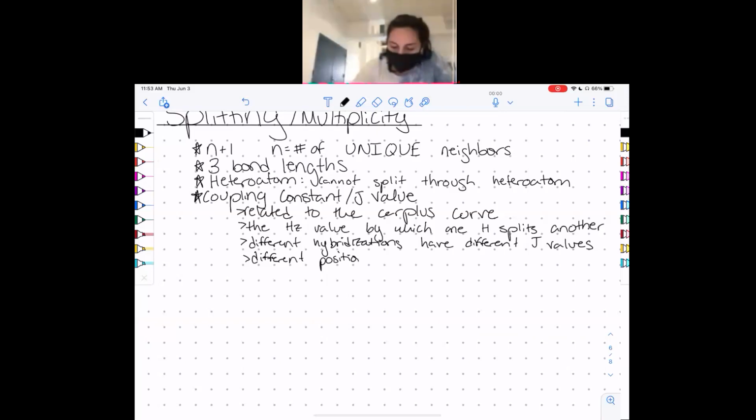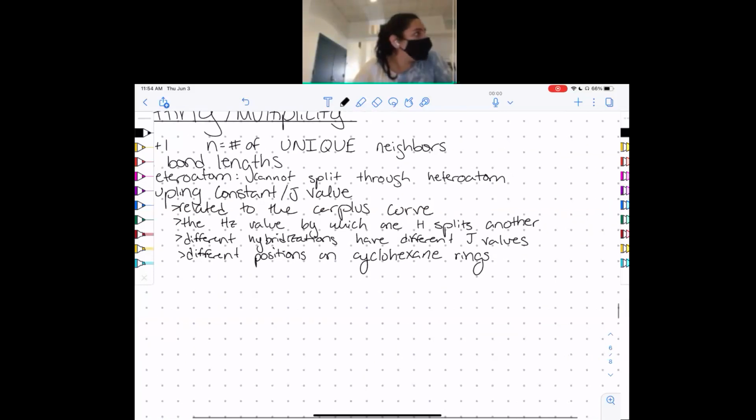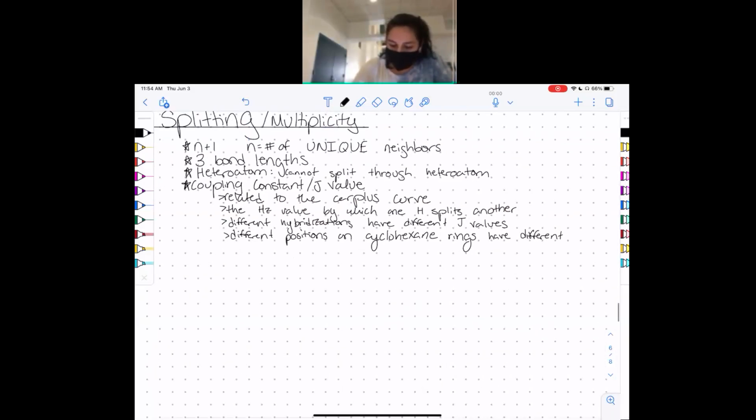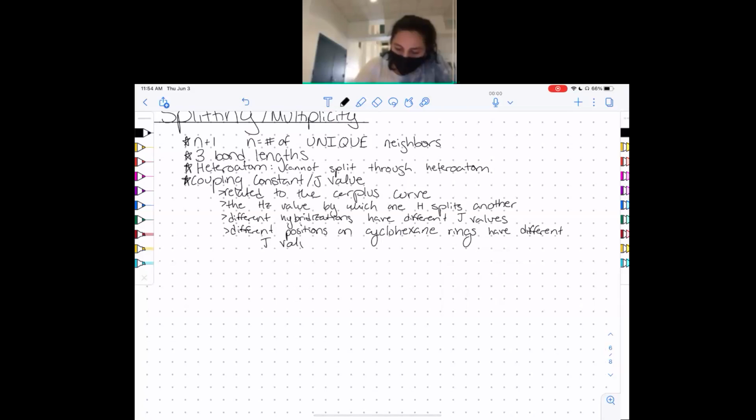So we're going to say different positions on cyclohexane rings have different J values.